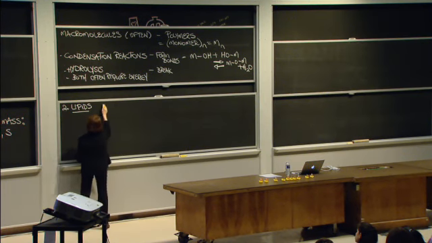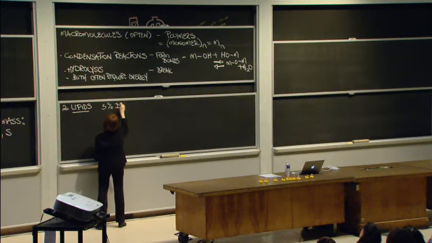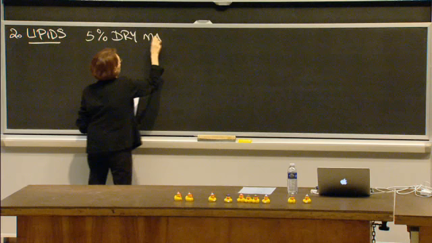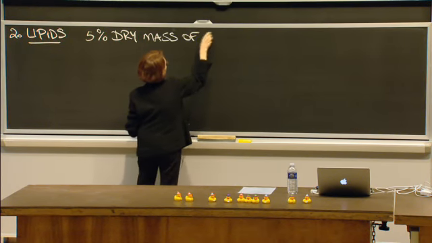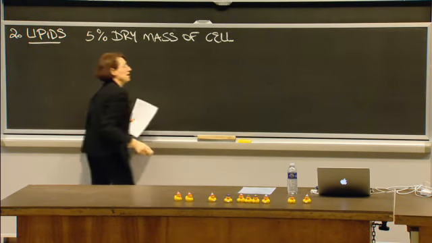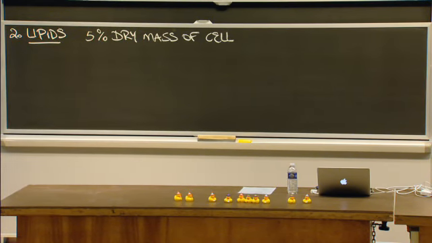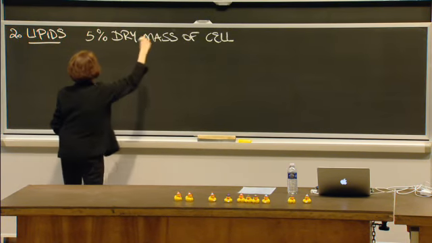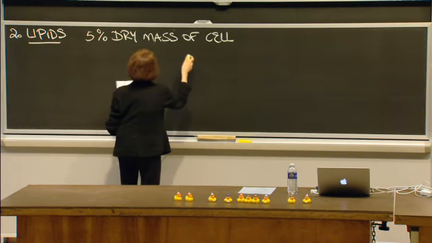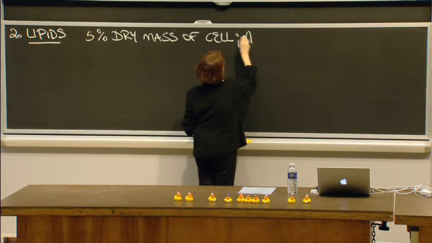They comprise about 5% of the dry mass of a cell, the dry mass referring to the mass remaining after the water has been removed. And lipids are crucial, and we discussed this briefly last lecture, for the formation of the membranes around the cell and around the various organelles. So lipids are required for membranes.